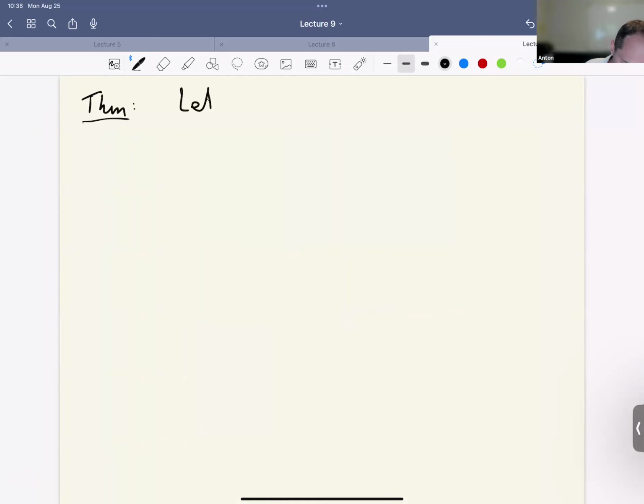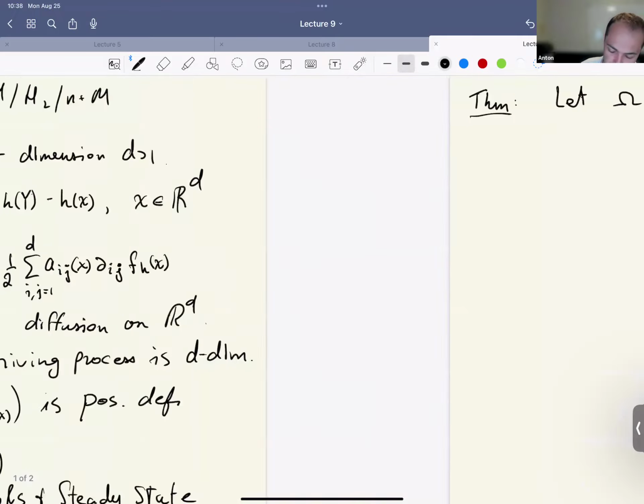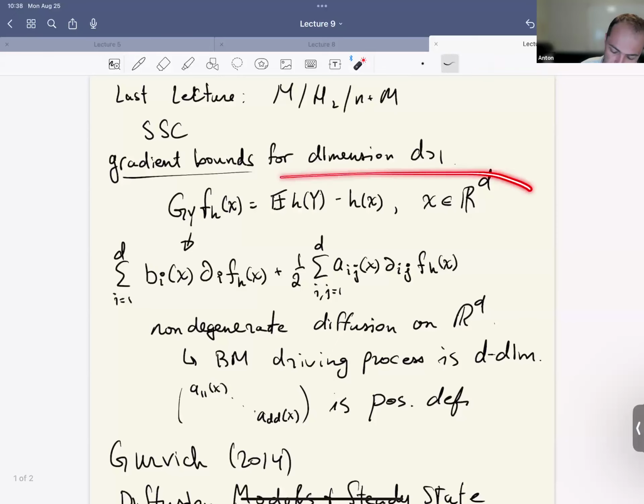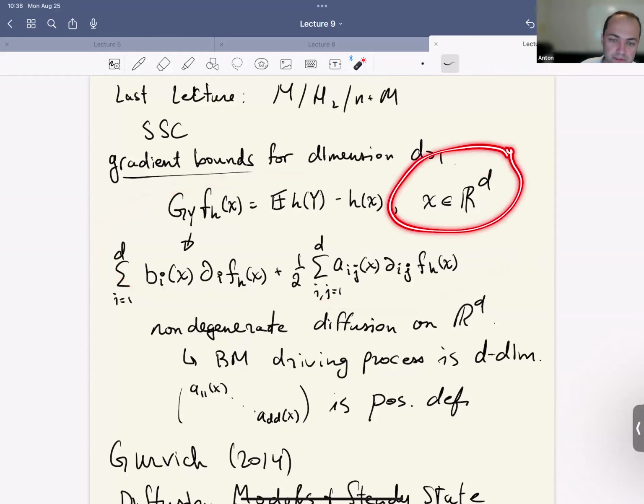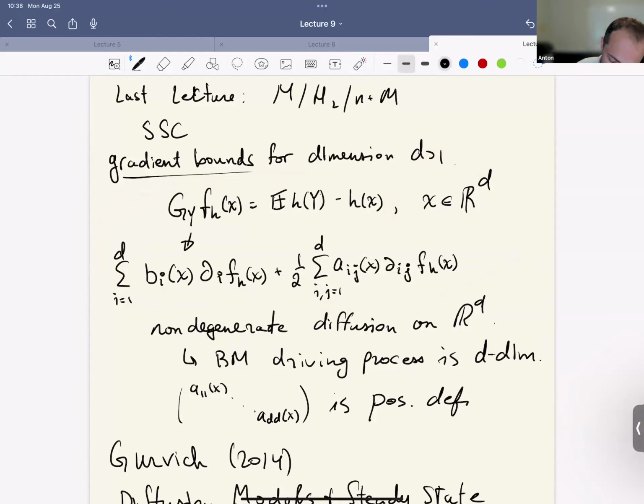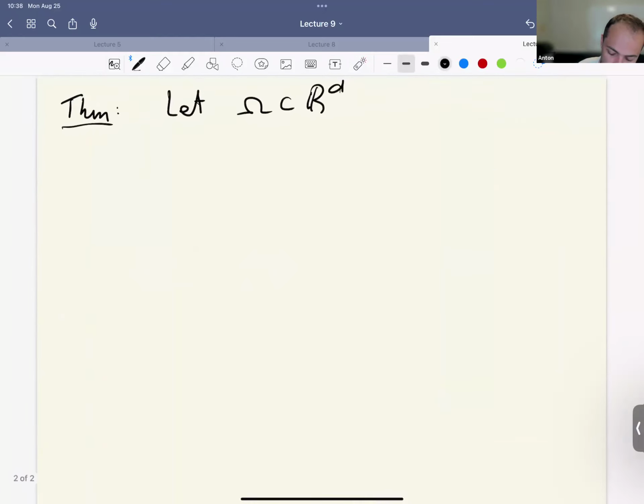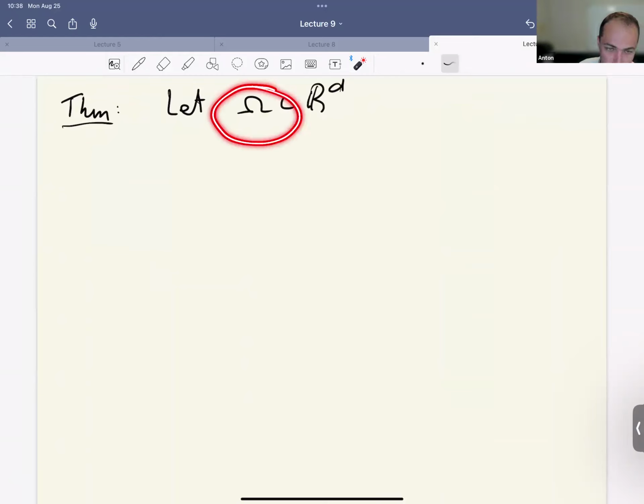Okay, so we take omega in R^d. The presumption is that we have this Poisson equation on R^d, and it is unrestricted; the domain is not restricted, in other words it's on the entire domain. We're going to be talking about local behavior on subsets of that.